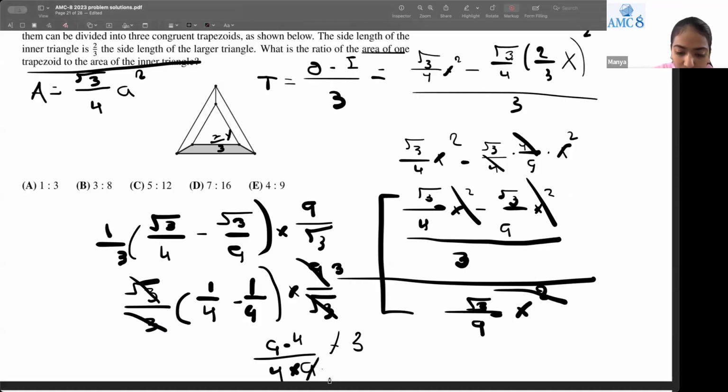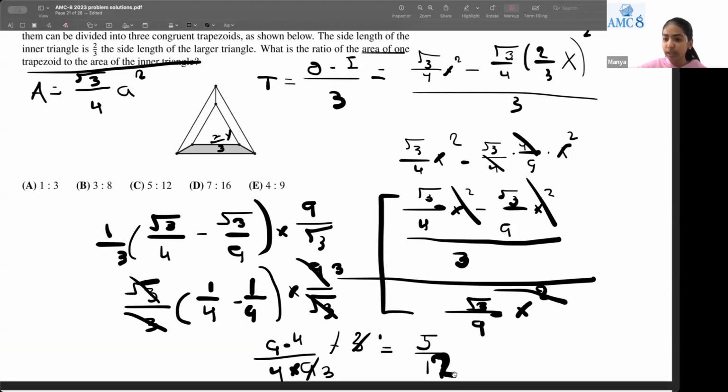This 3 will be here, and this will be 1. And we're going to be getting 9 minus 4 by 4 times 3, which is 5 by 12. 5 by 12. And that's how we got our final ratio answer.